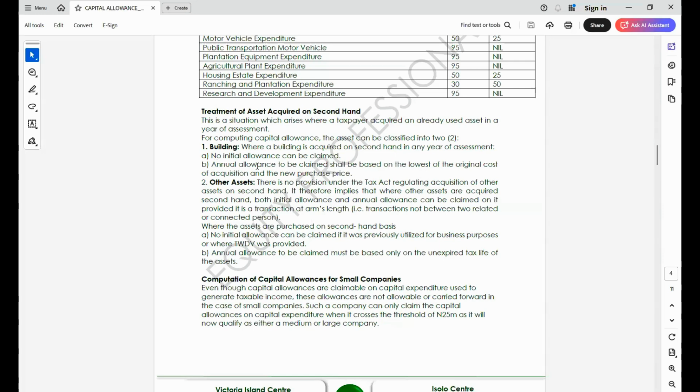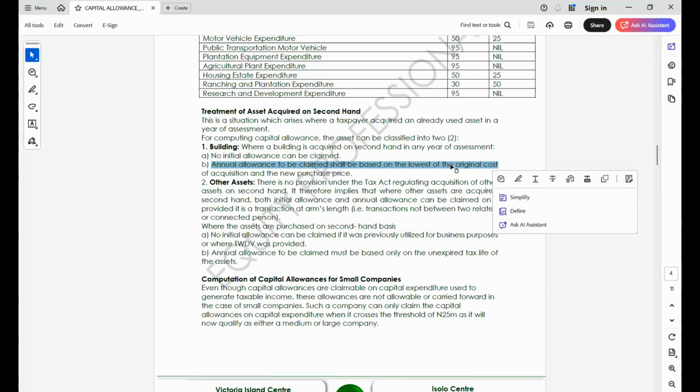Only annual allowance will be claimable, on the lower of the original cost and the new purchase price. You are going to compare the original cost and the new purchase price. Whichever amount is lower between the two is what you are going to base the annual allowance on. Please take note of that rule. The annual allowance will be based on the lower of the original cost and the new purchase price.